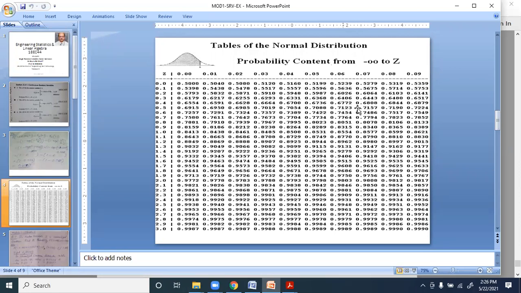Somewhere between these two: 0.7123, 7157. So you have to interpolate it. Whatever quantity you get correspondingly for this, you might get the value over there. So 0.71 might be, say, 23 here and 57 here. It will be somewhere around 0.714.